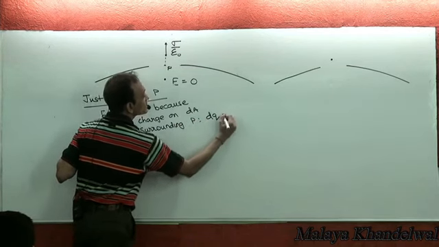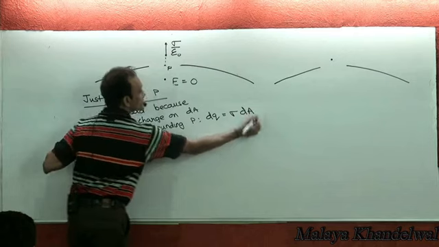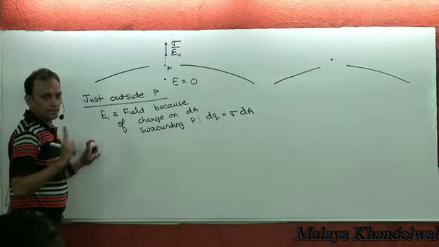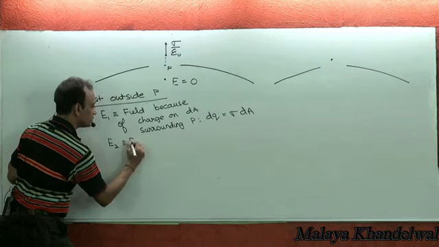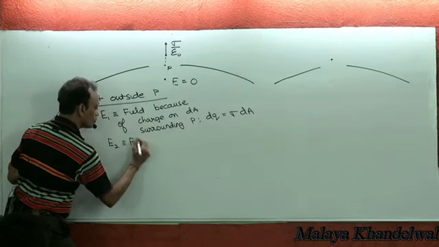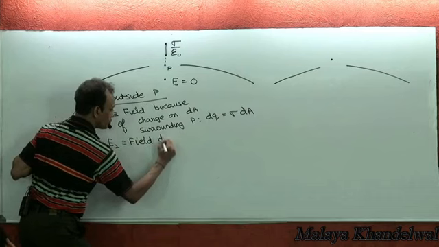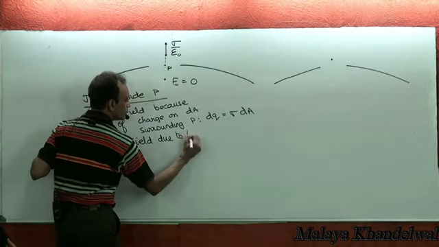That charge is sigma into dA, where sigma is the surface charge density at P, right? And there is going to be field due to the rest of the conductor.